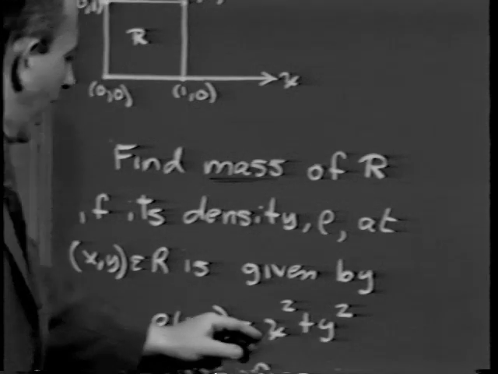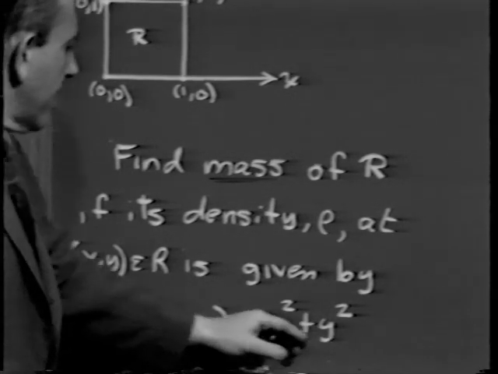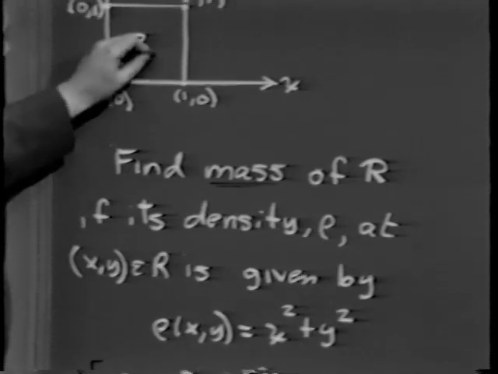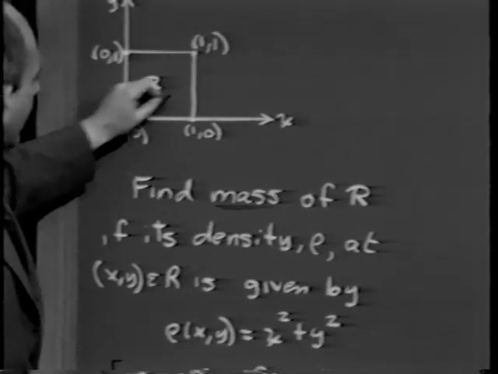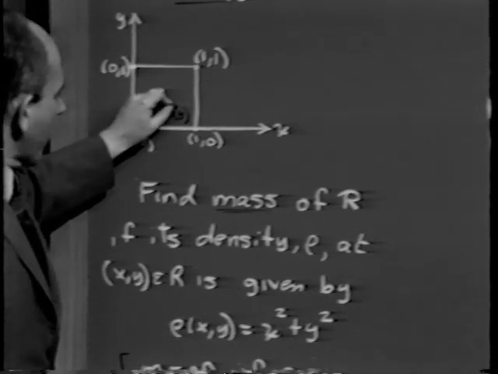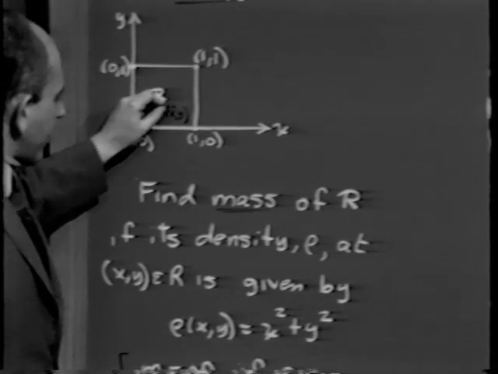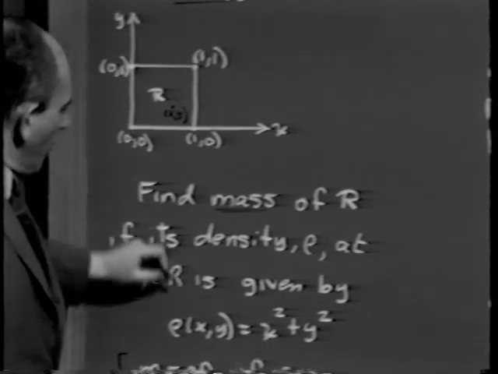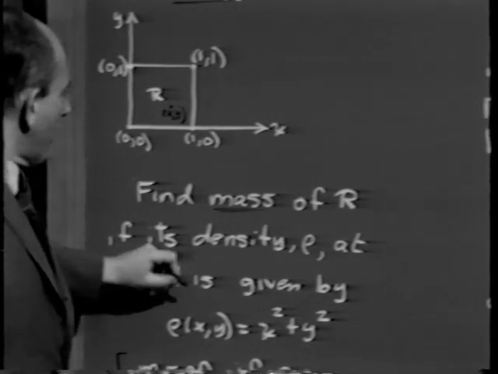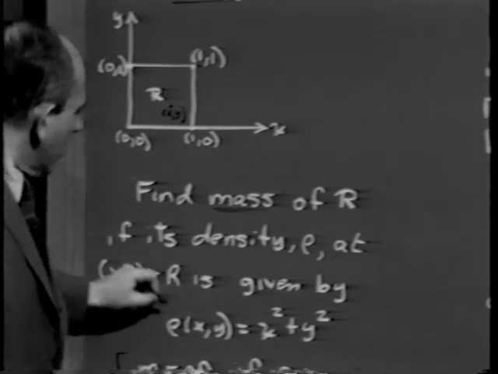By the way, the reason I picked this particular density distribution is that x squared plus y squared, quite simply, is the square of the distance of the point (x, y) from the origin. And this will make it very easy later for me to find where the lowest densities occur and where the greatest densities occur, whereas this may not seem like a very applied problem.